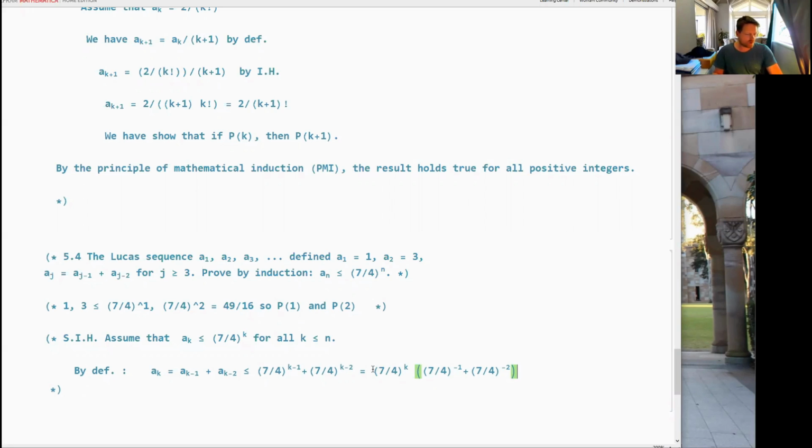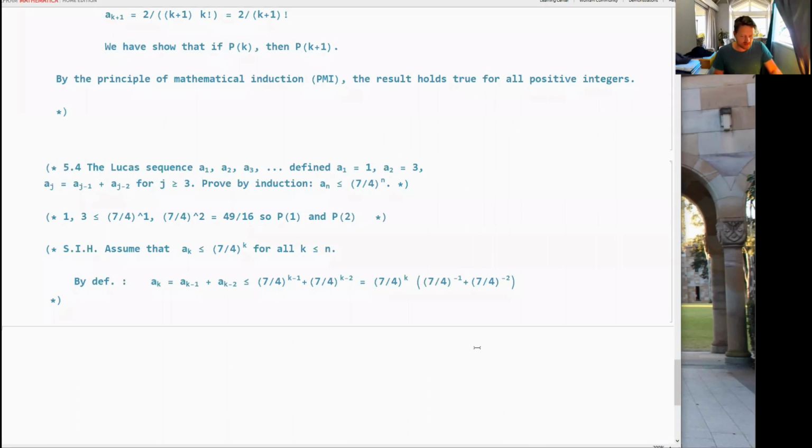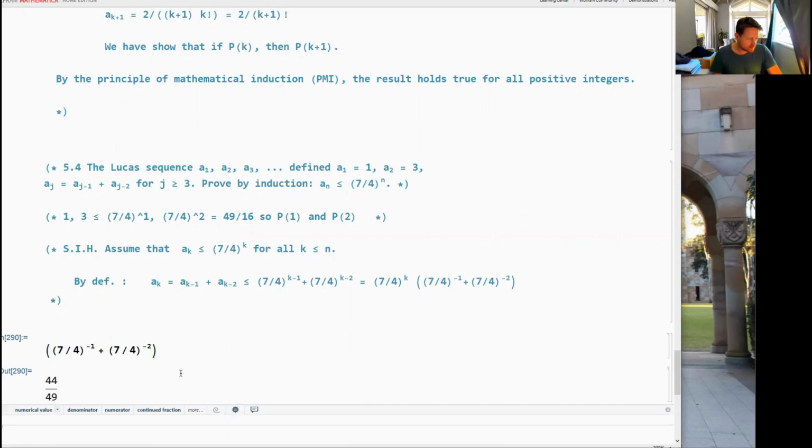Okay, so now we have 7 over 4 to the power of k here, because that's the inequality we're aiming for, right? All we have to do now is just simplify this. So let's just work out what this is using the computer, but you can do it by hand. Okay, so we have 44 over 49.